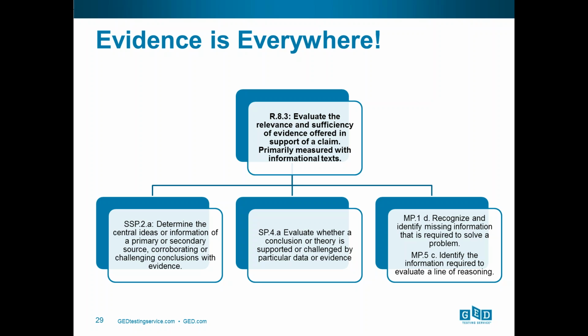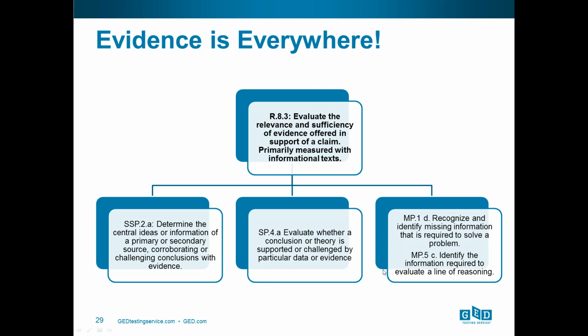I know that my students are going to have to read primary or secondary sources, and they are going to have to determine central ideas. They are going to have to identify the different types of evidence or conclusions that they get from those sources. But I can also take evidence over to science, both in the short answers and the technology-enhanced items, where students need to, again, find the evidence and see whether that evidence supports conclusions, whether that evidence supports theories, or whether the reverse happens, whether conclusions or theories can be challenged by some specific data or evidence.